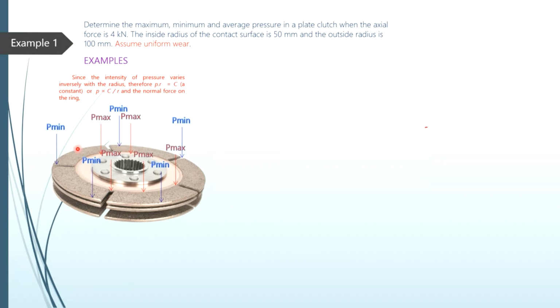For uniform pressure theory, the pressure distribution over the entire friction lining material is constant.